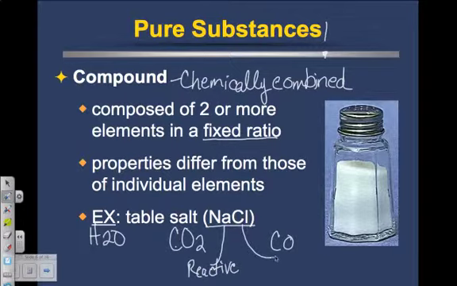And then chlorine gas is poisonous. Now, salt is not reactive in water, nor is it poisonous. So it has its own unique set of properties. That's what makes it a pure substance: the fact that you can't physically separate it, and it has its own unique properties.